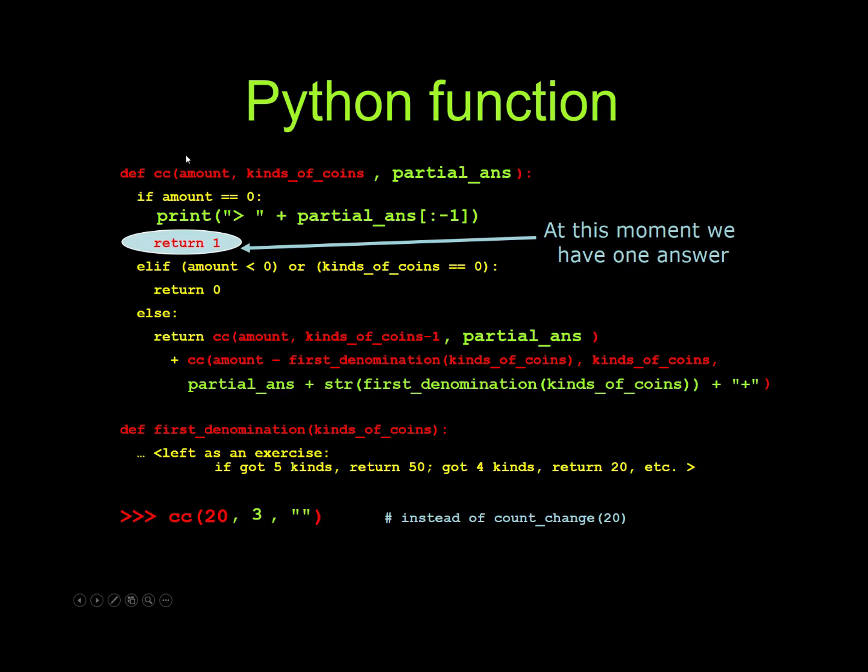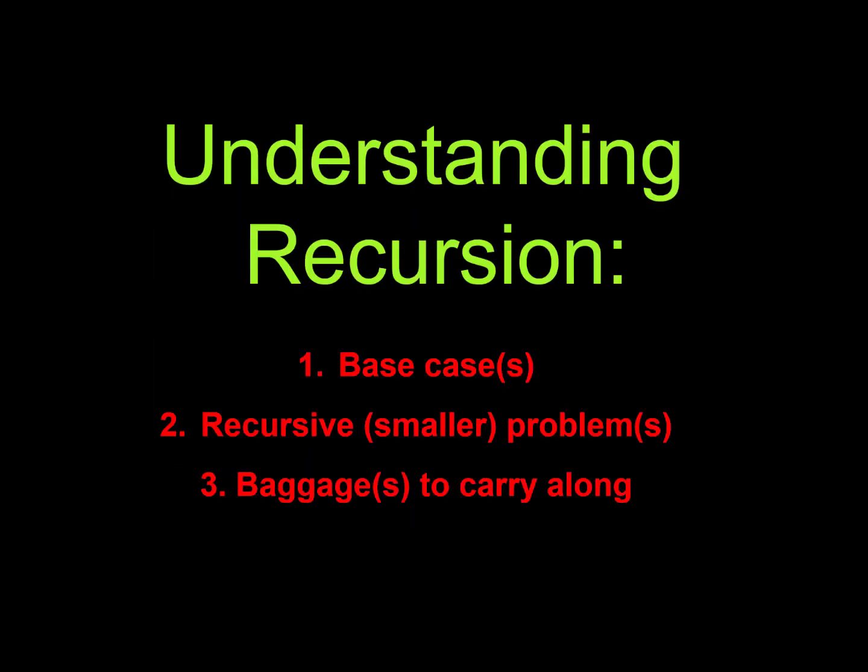So this whole routine will give you the actual ways of changing the coins rather than just simply a number. To sum up this part, we see that inside recursions, besides the common understanding of basic cases and the recursive into smaller problems, we see in this part that you can actually put in a baggage to be carried along into the recursions. And this comes in handy to composite into solutions along the way.